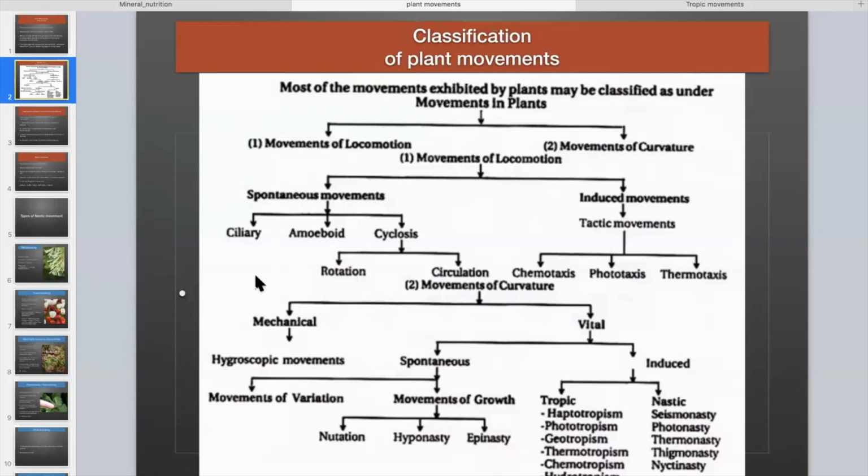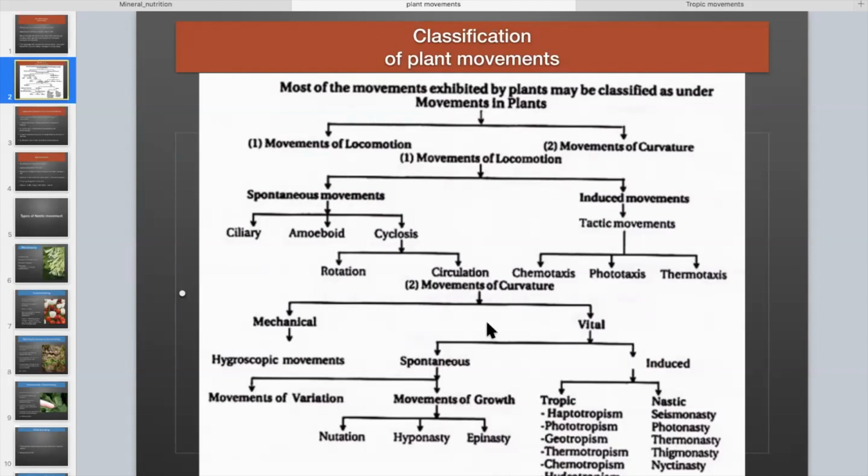So these are all spontaneous movements. Here, induced movements contain tactic movements, which are shown by the flagella of algal cells: chemotactic, phototactic, thermotactic, etc.